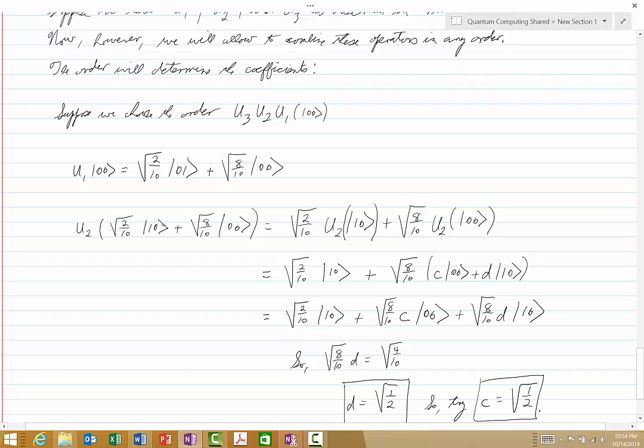So let's get that straight. This should be 0 1, and likewise this will become 0 1, and u2 acts trivially on 0 1, and therefore this is 0 1, and of course we'll bring that down here.